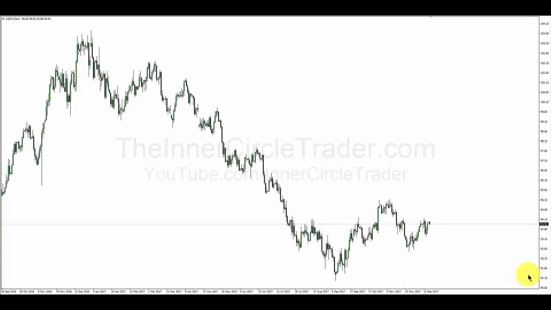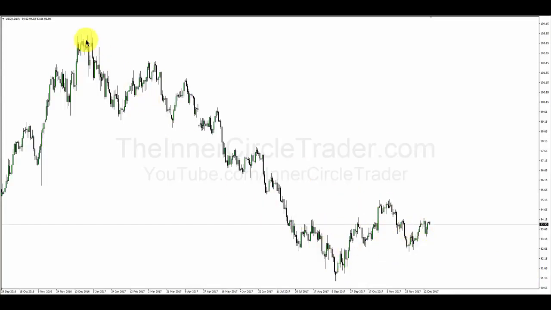So what I like to do is, number one, I like to cycle through all the majors, but I begin with the dollar index. And from a dollar daily, okay, we can see that we have been trading lower. And ever since around August, we've been consolidating and gone sideways.